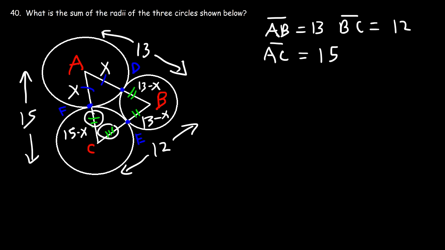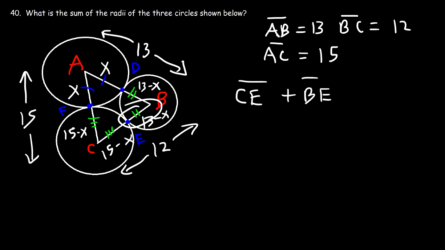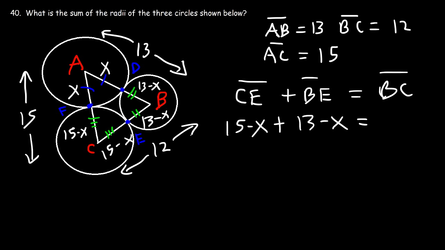And FC and CE are also equal to each other, so CE is 15 minus x. Now, we could say that CE, which is this segment, plus BE, which is that segment, is equal to the total segment CB, or BC. Now, CE is 15 minus x, BE is 13 minus x, and BC is 12.